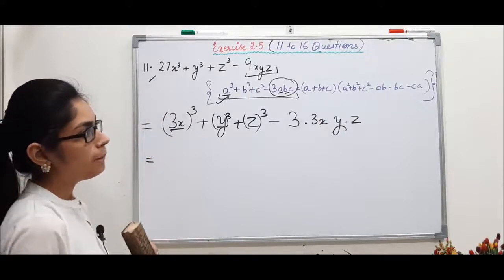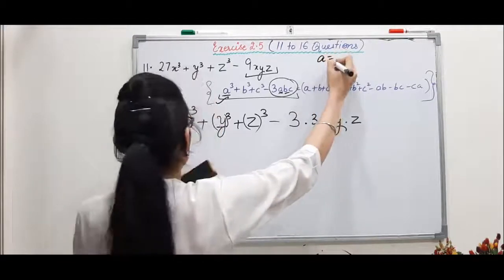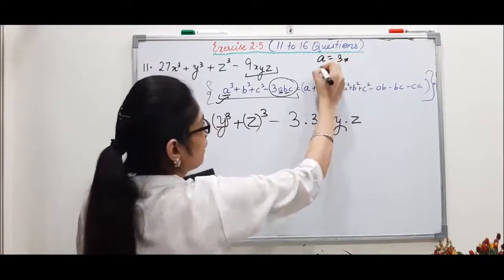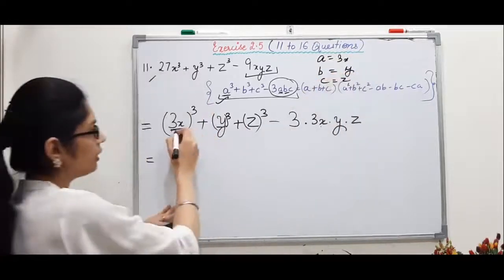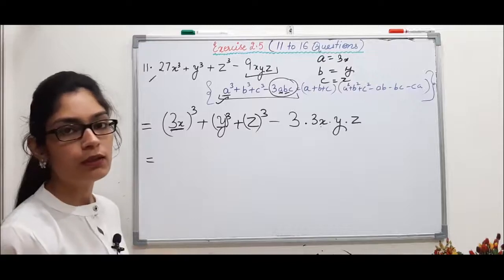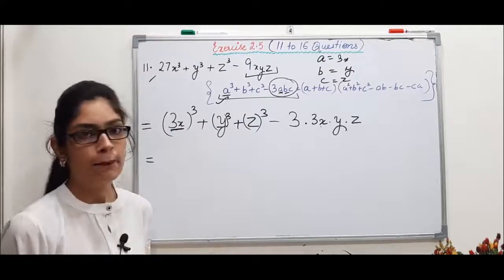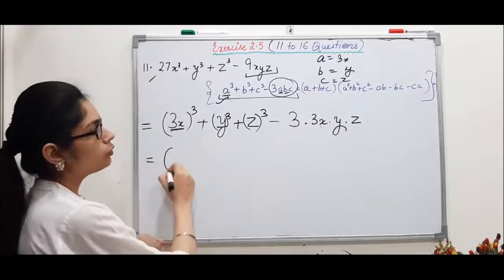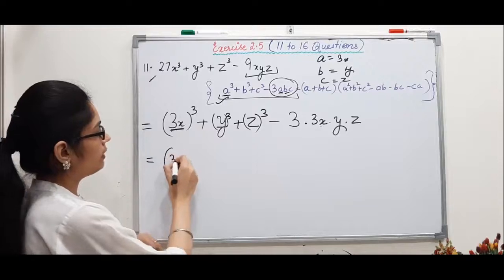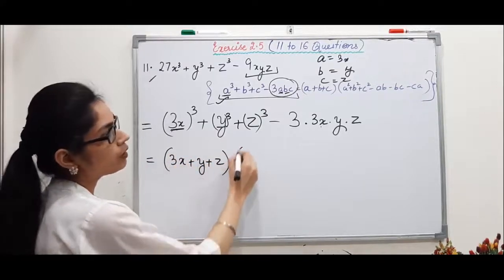Now you have got the values of a, b and c: a is 3x, b is y and c is z. We can substitute the values in this expression. So a plus b plus c, we can write as 3x plus y plus z.